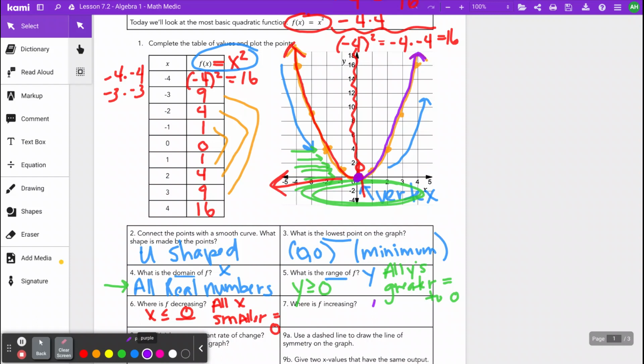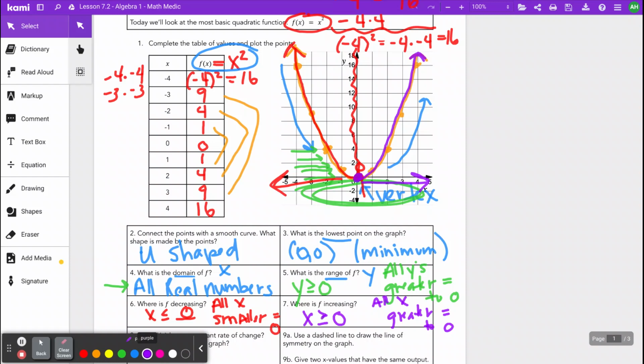And so we're going to say, well, for all x greater than or equal to 0, for every x value on this side of 0, my function's increasing. So again, I have a starting, I don't have a stopping. And so I only need one inequality for all the x's that are bigger than or equal to 0. My graph is moving upwards, okay?